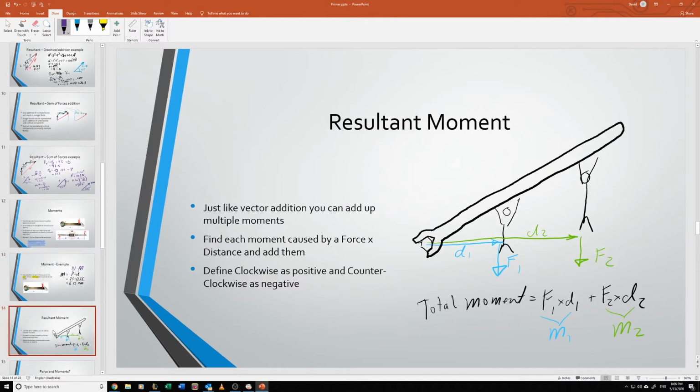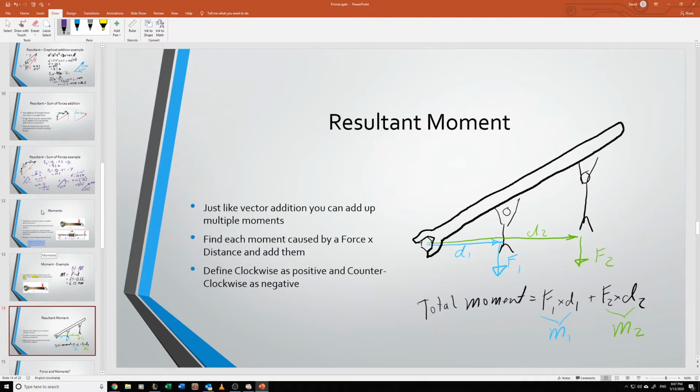Now, in the same way that we can add up our forces by putting them head to tail or graphically adding up the sum of all the forces, we do the same thing with moments. We can add up the sum of all the moments by finding the individual moment caused by each external force on our system.